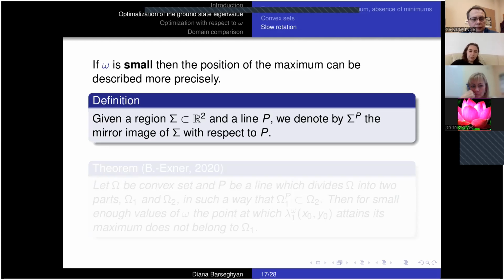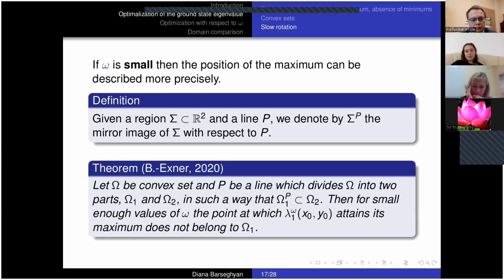In general, let sigma be a region in R2, and we have the line P, which does not belong to sigma. Sorry, P does not belong to sigma, mistake. We have the given region sigma and line P, and we denote by sigma P the mirror image of sigma with respect to P. Next, please.